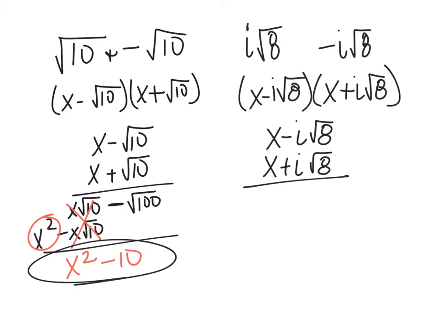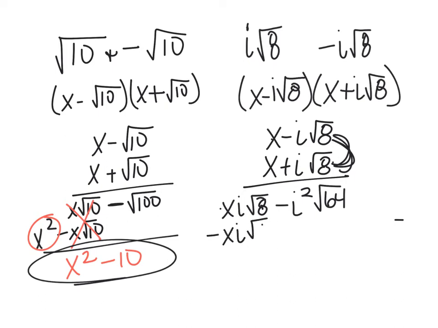I start with i times negative i, so that's negative right here, and then I'll multiply these. So we have negative i squared, square root of 8 times 8, right? These multiply together, 64. And then i square root 8 times x is x i square root 8. And x times negative i square root 8, so negative x i square root 8.